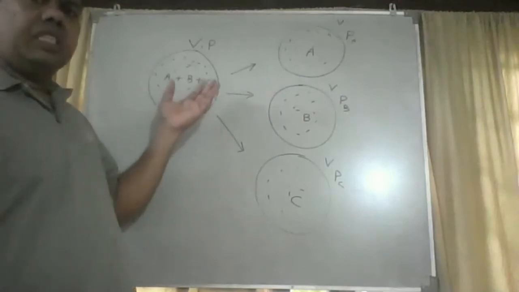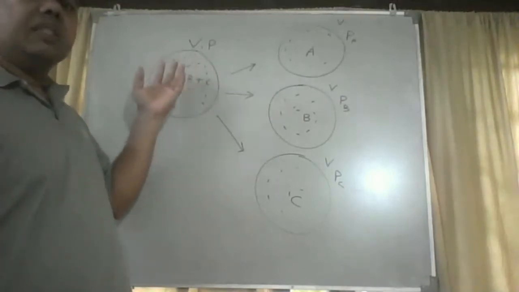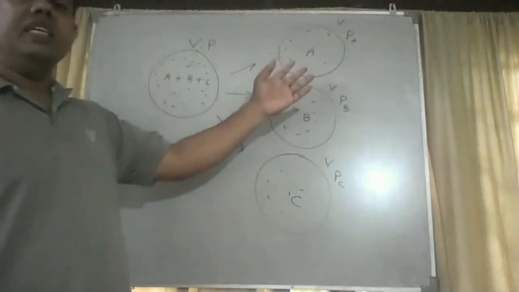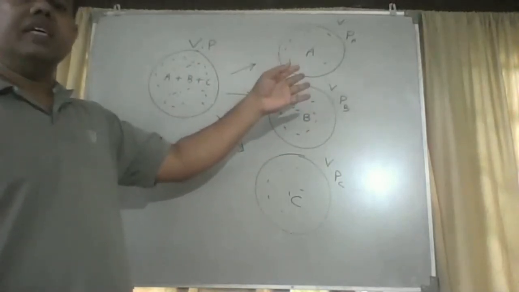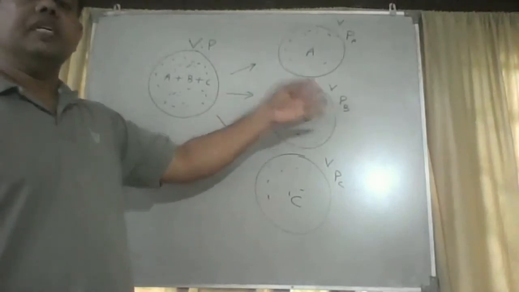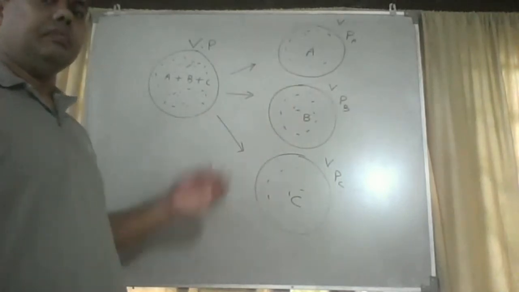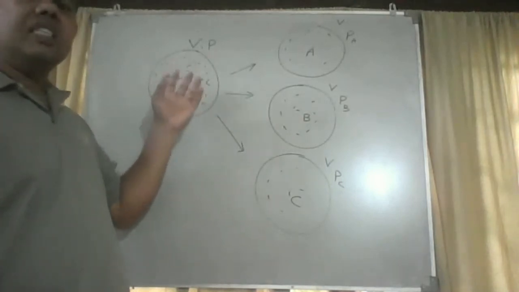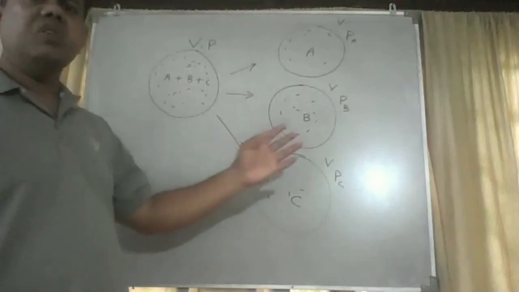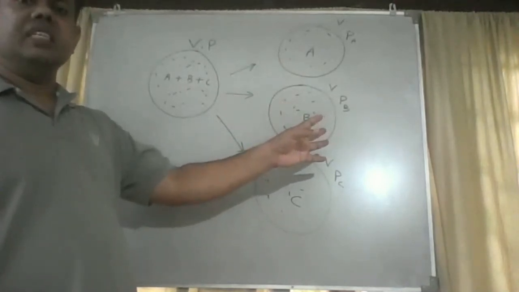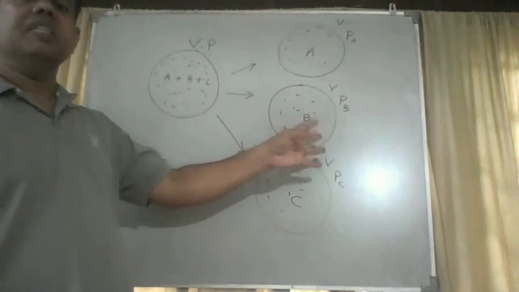If we put the same amount of gas B in the same volume V, the pressure exerted by gas B is the partial pressure PB. If we put the same amount of gas C in the same volume V, the pressure exerted by gas C is the partial pressure PC.